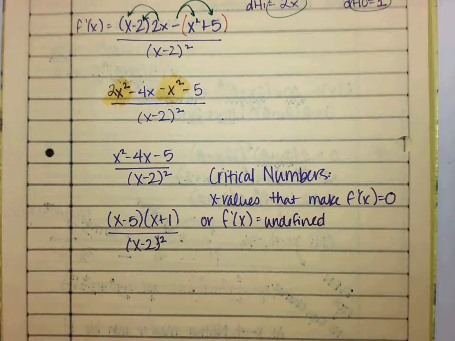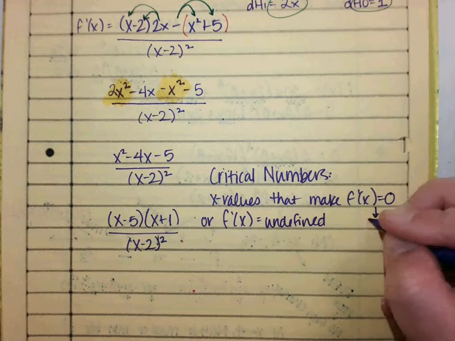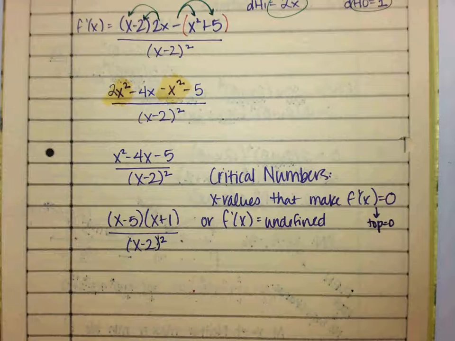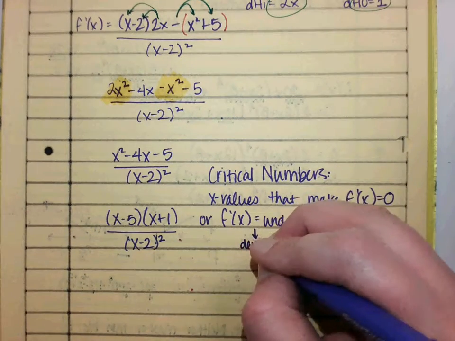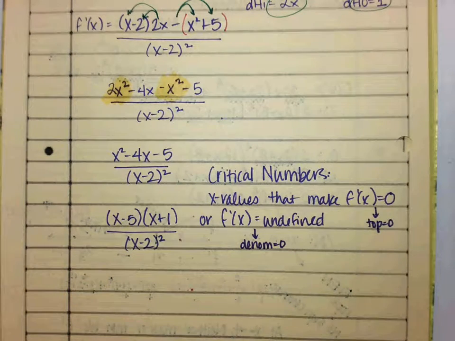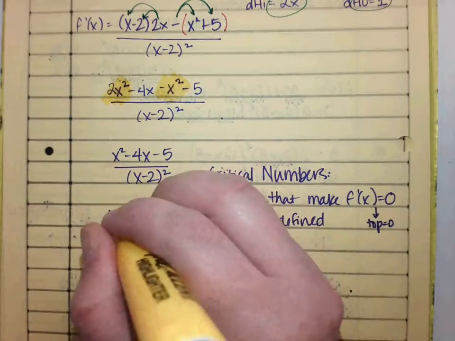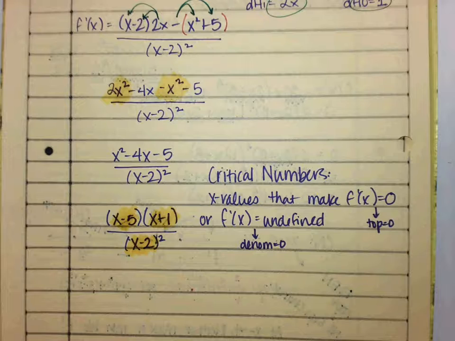So think about, if you want f prime to equal 0, you're going to let the top equal 0. And if you want f prime to be undefined, you're going to let the denominator equal 0. So what that basically means is that instead of me only picking my factors from the top, I'm going to also have to include that bottom root as well.